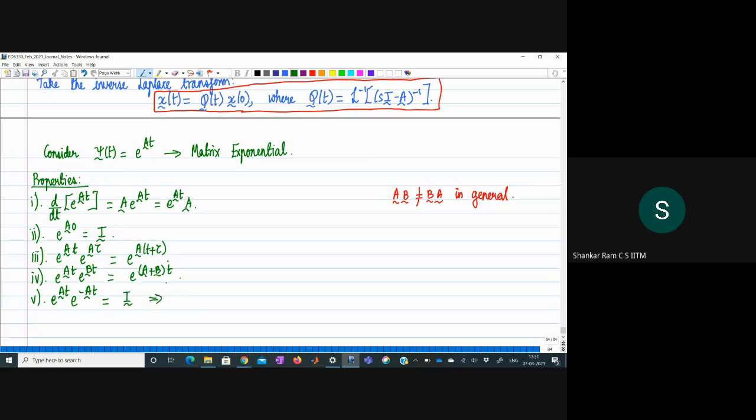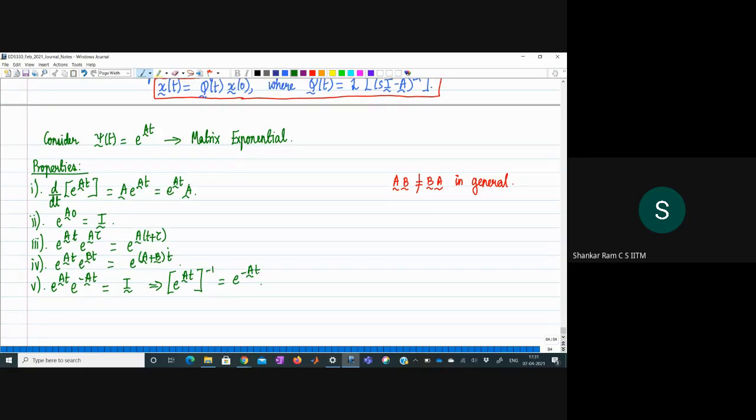This follows from properties 4 and 2. So immediately we can observe that the inverse of e^(At) is going to be e^(-At). That's an important property. Once again, please note that these are not very straightforward because we are dealing with matrix exponentials.